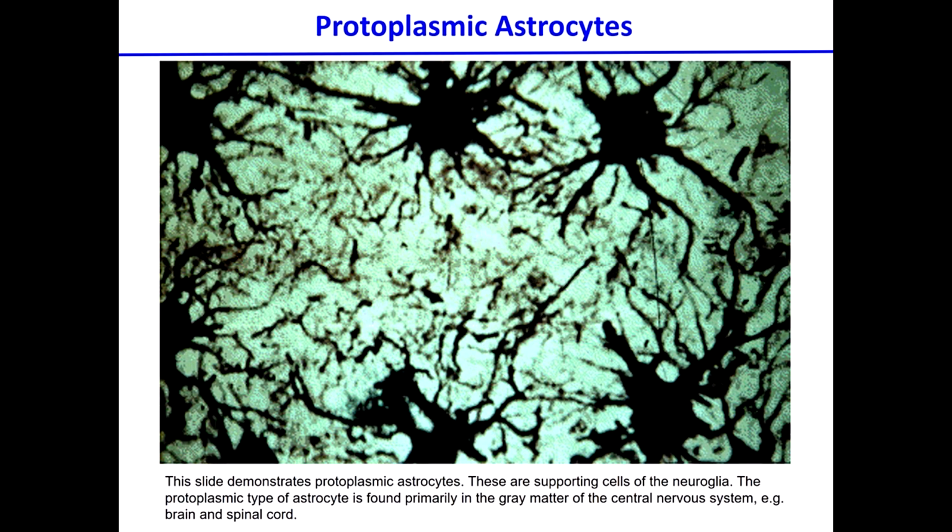I'm going to show you very soon a picture of the fibrous astrocytes, and I want you to realize that these in general have a good number of processes, but they tend to be shorter and a little fatter or wider than the fibrous astrocytes. All right, so these are in the gray matter and the central nervous system, and in the spinal cord also.